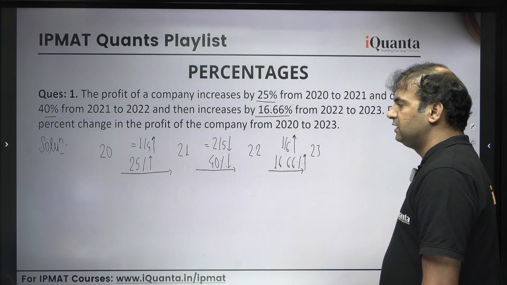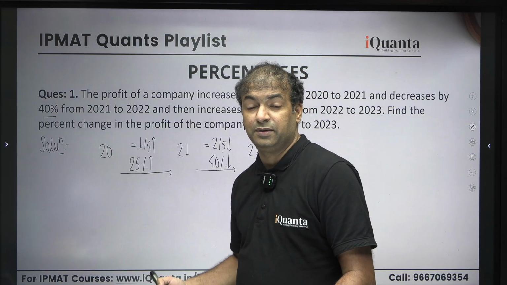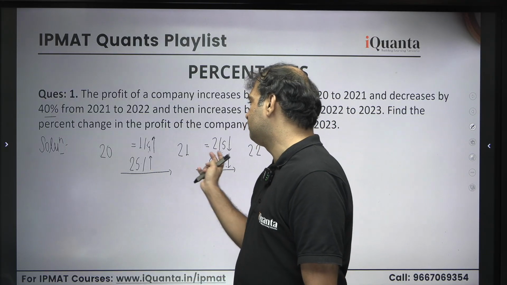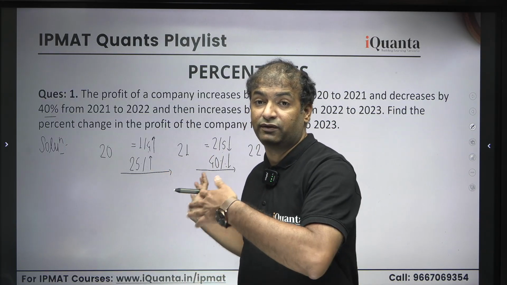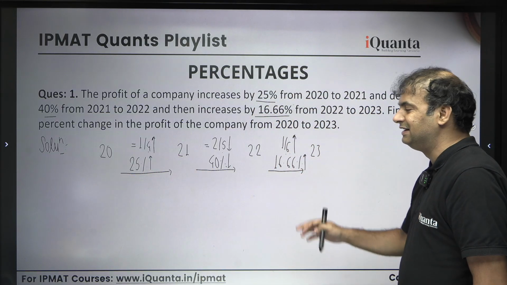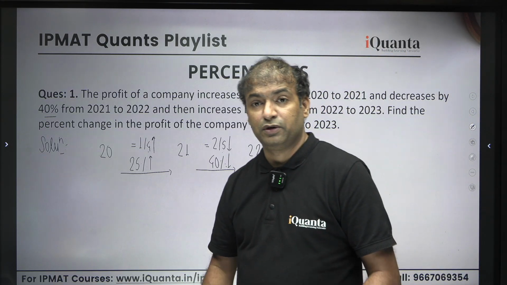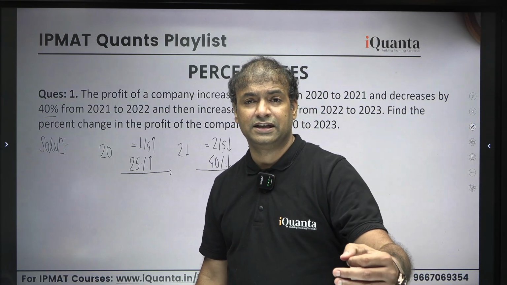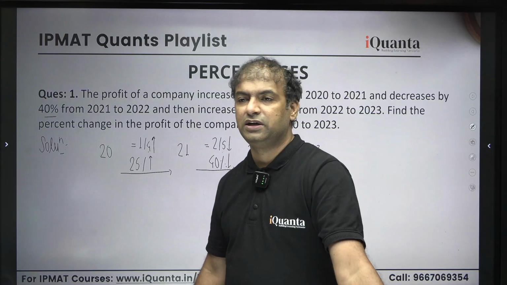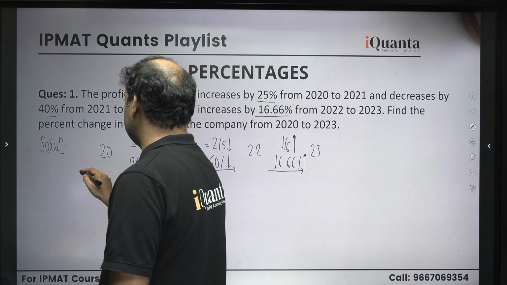So the initial value should be a common multiple of all of them. 100 is also a multiple of 4 and 5, so that's not a problem. The actual problem is the fraction where the denominator is 6. So let's say the initial value is a multiple of 6 as well. Let's consider it as 600. 600 is a multiple of 4, 5, and 6, all of them.